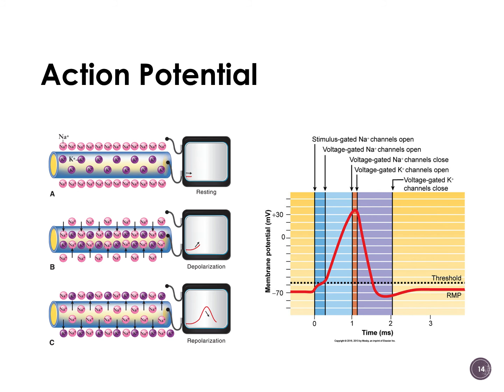So if we take a look at this illustration here, we can see we're starting off at the negative 70 millivolts. We get the stimulus for those sodium channels to open. Those sodium channels then reach that voltage-gated threshold of negative 59 millivolts. At that point, the sodium rushes into the cell, causing rapid depolarization.